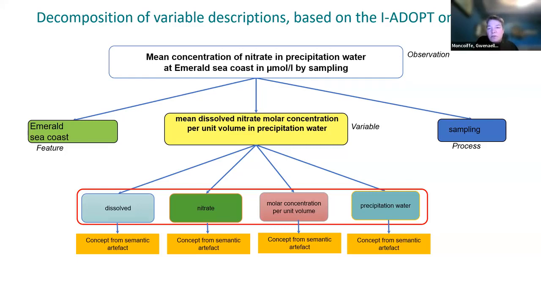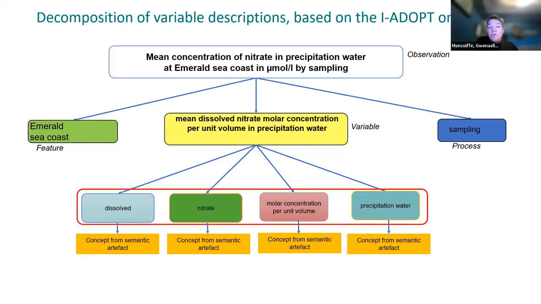So really, this is just to highlight that we are only focusing on the variable aspect of that. We are not interested in the feature of interest. We are not interested in addressing the procedure, the process, or the methodology.